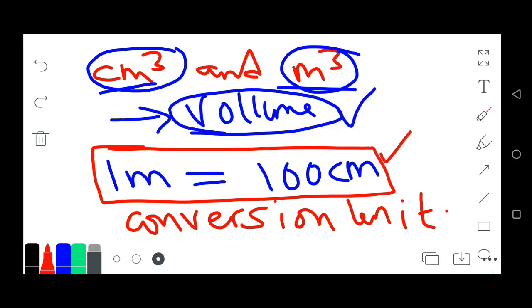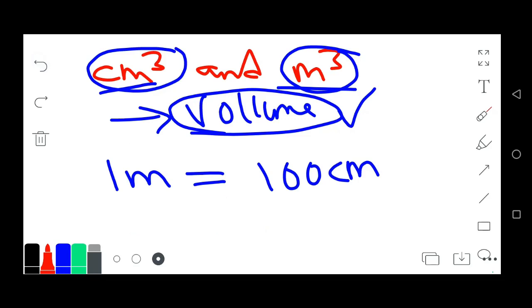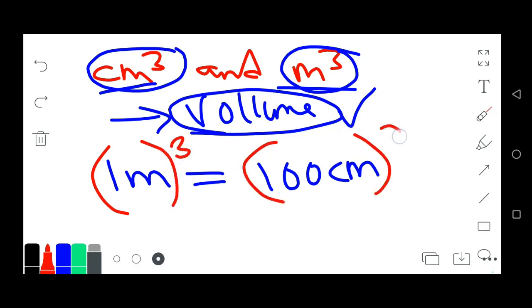That's the most fundamental thing that you need to know. Now the fact that we are dealing with volume, you just have to raise this to the power 3, because volume is a three-dimensional quantity, anything to do with a volume or rather unit. So we raise it to the power 3.